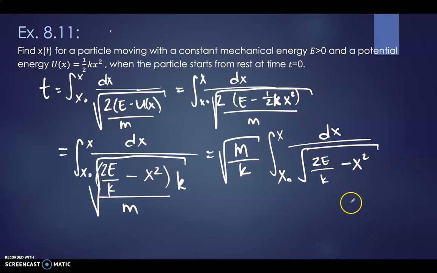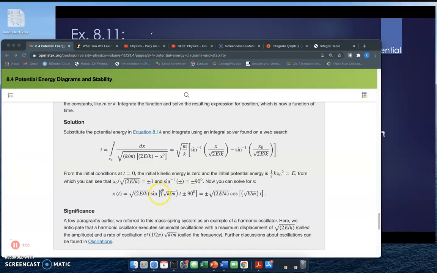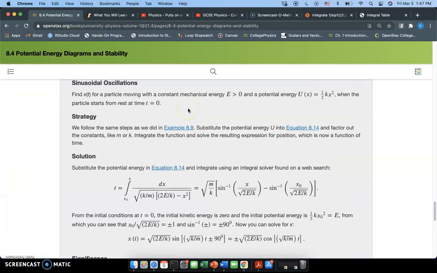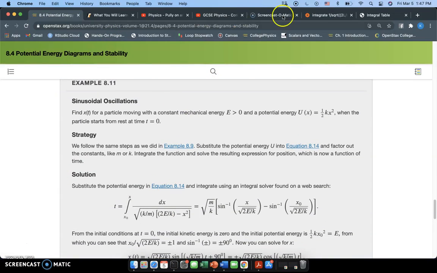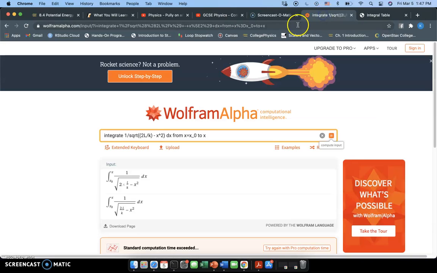Okay, so again this is a little bit more of a complicated integral, so I don't know that offhand. So what I would do is I would go ahead and use some of these resources that I'm about to show you. Okay, so let me go to my browser.